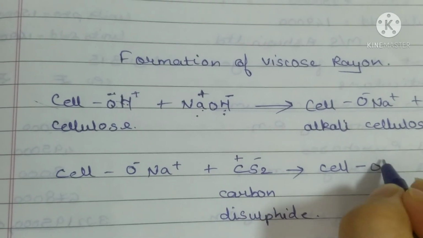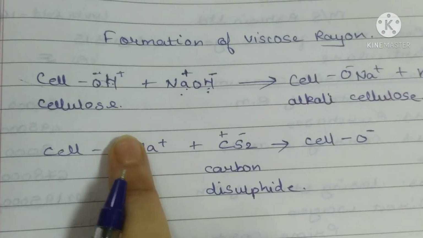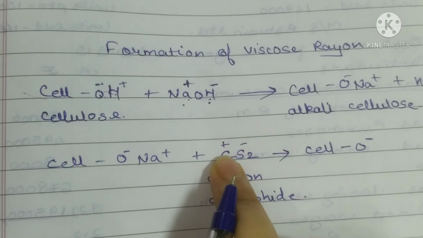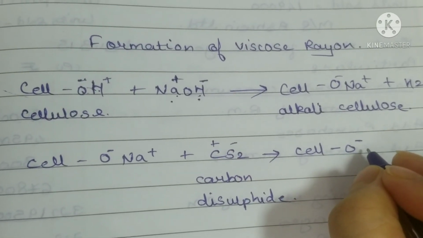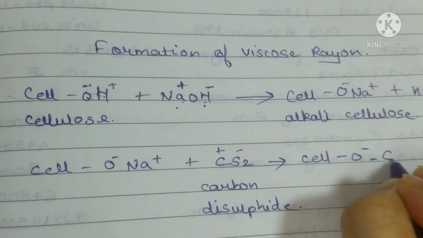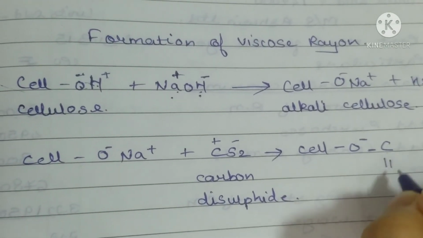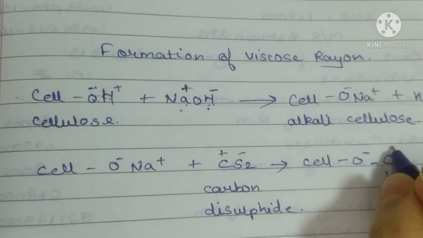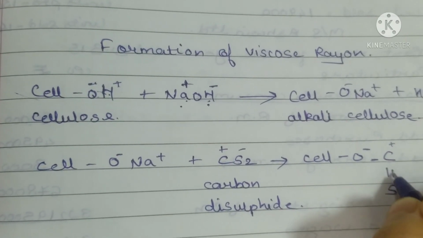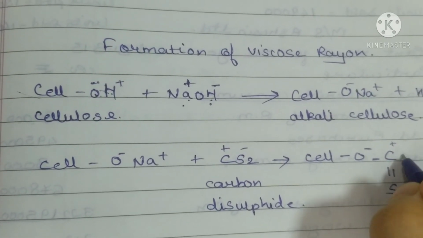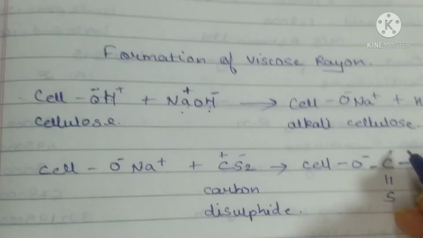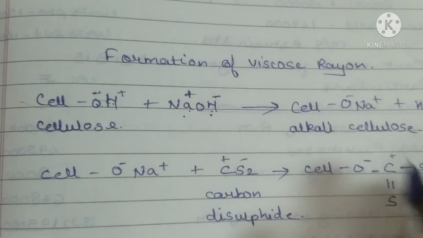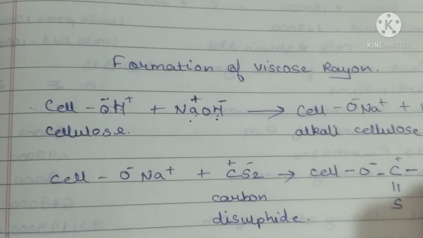Cell O minus, because O is minus, will form a bond with carbon which has a plus sign. So you will get O minus C double bond S, because carbon is plus. Then you will be left with one S from here which has a negative sign, and Na which has a positive sign.